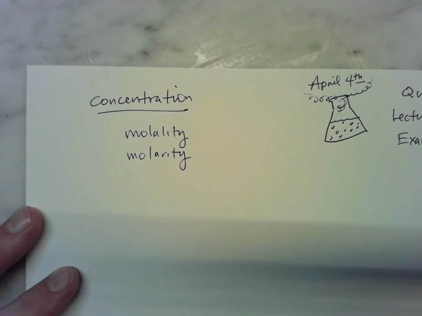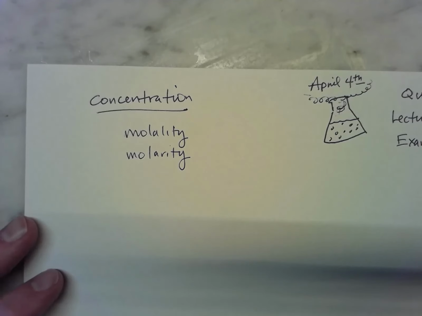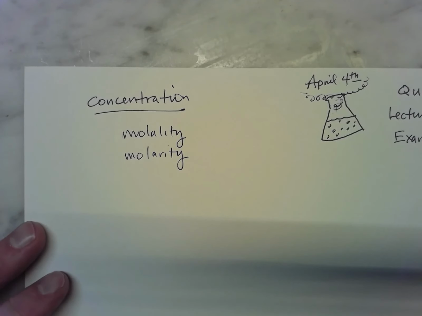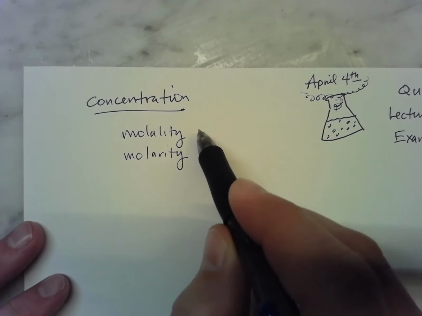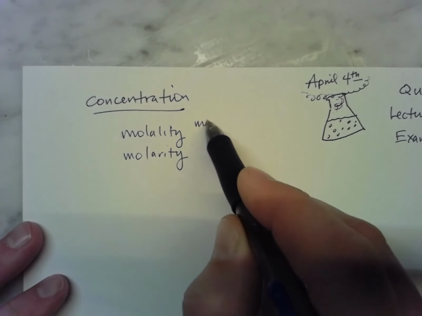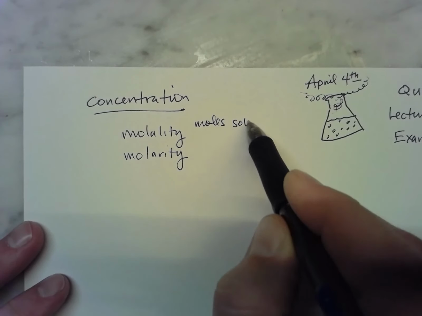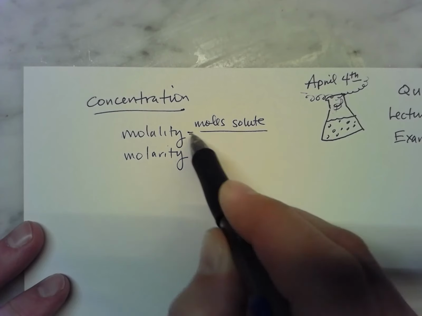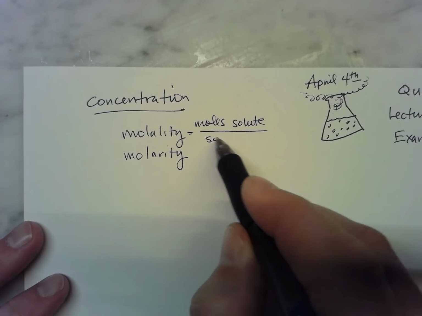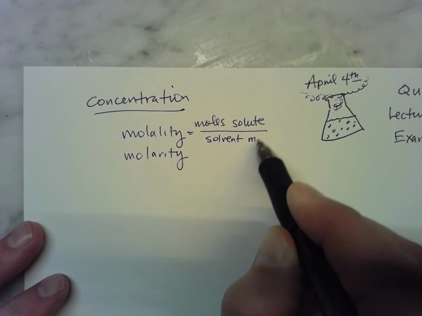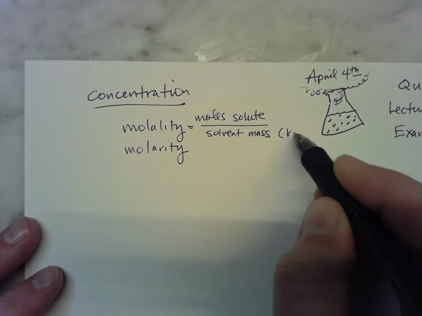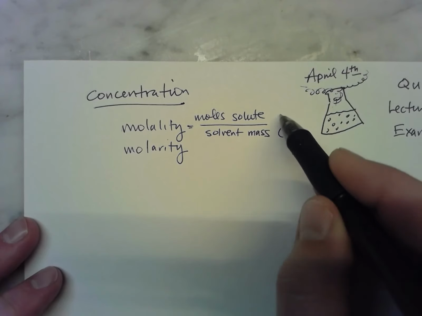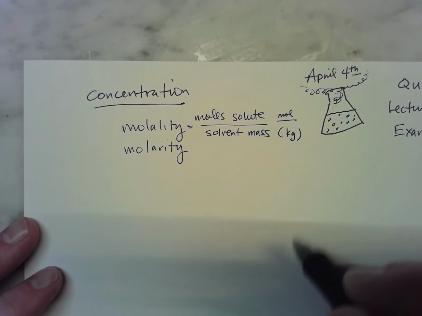That's two different ways to talk about solution concentration here. Molality was moles of solute per solvent mass, not mass of the whole thing, but solvent mass. And that's measured in kilograms. So that should be moles per kilogram here.